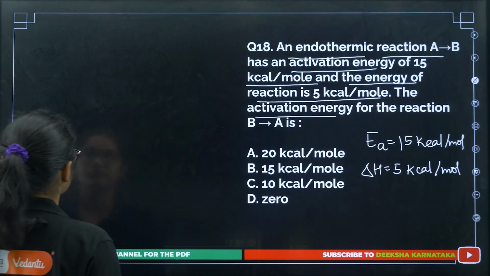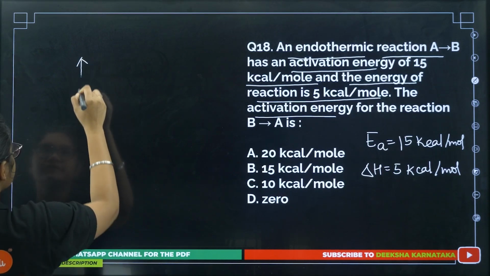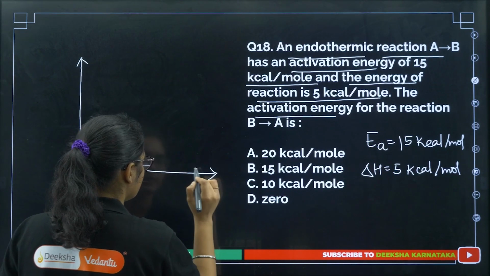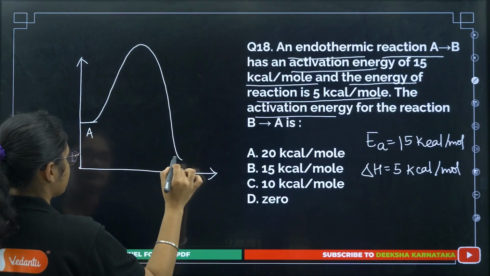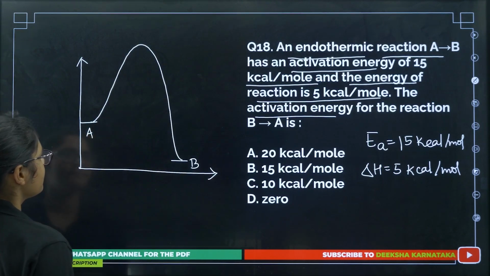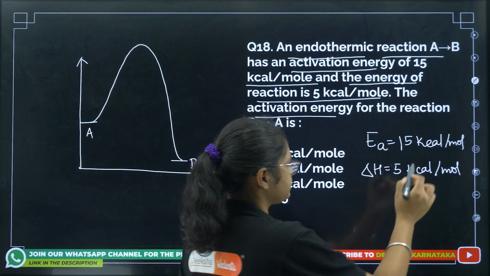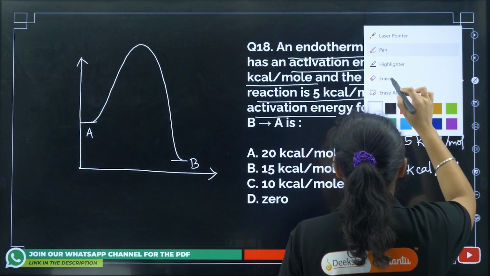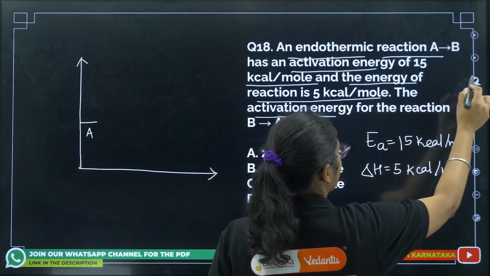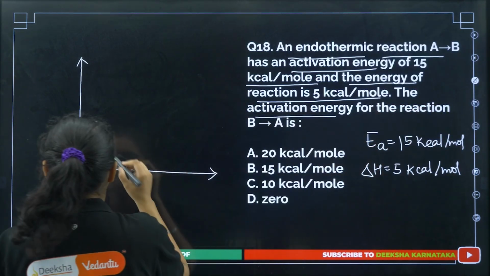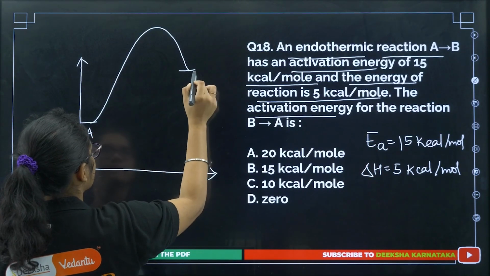Okay, so now this is A and this is B. Sorry, I drew the diagram wrong here. For an endothermic reaction, the energy of the products will be more, right? So the graph will be like this.